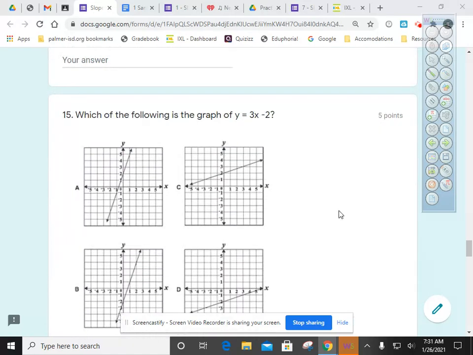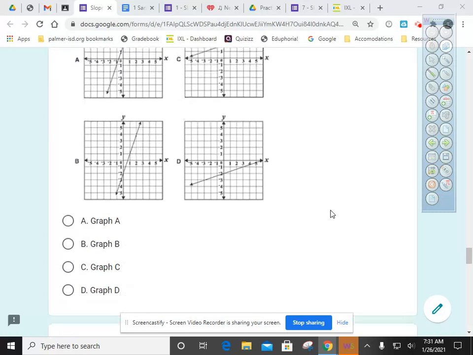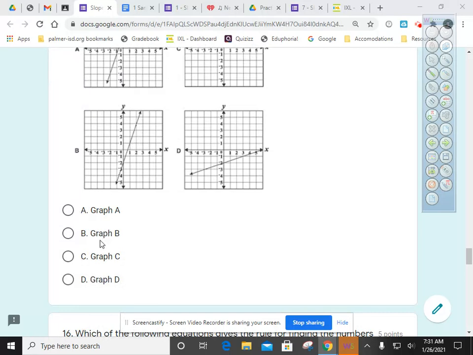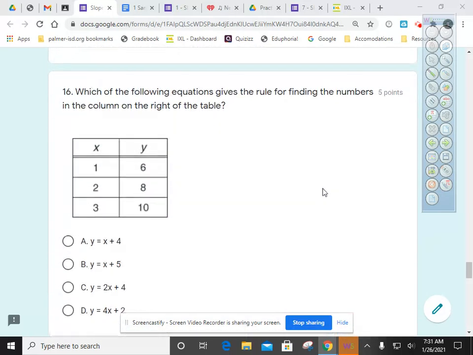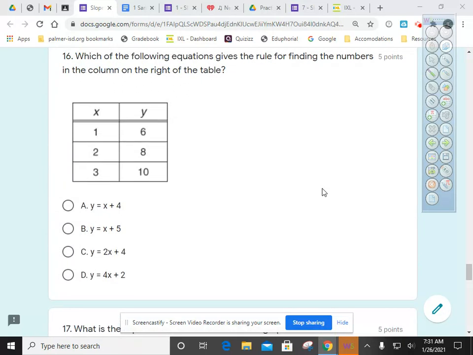Number 15, which of the following is the graph of y equals 3x plus 2? A, graph A, B, graph B, C, graph C, D, graph D. Number 16, which of the following equations gives the rule for finding the numbers in the column on the right of the table? So you're going to basically see which one, again, fill them in.